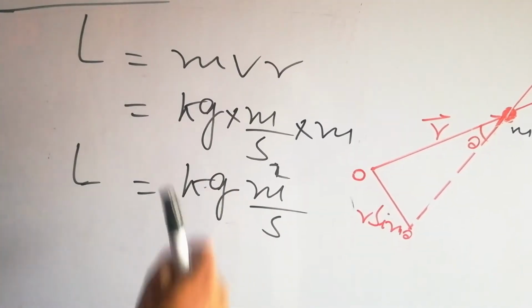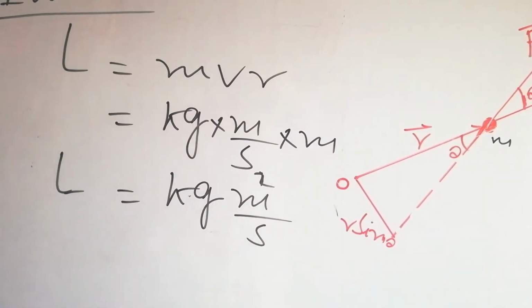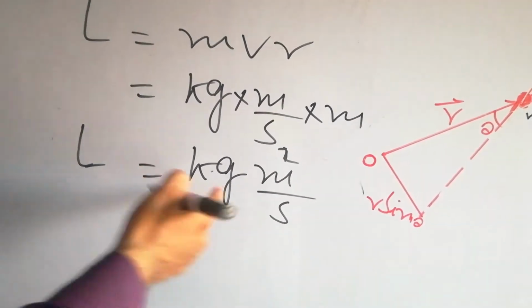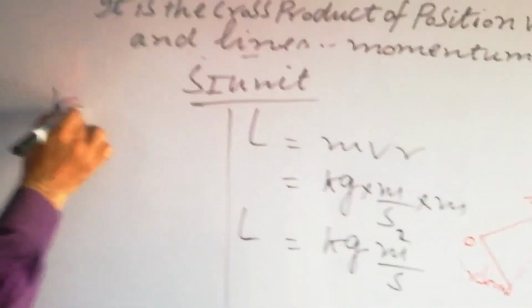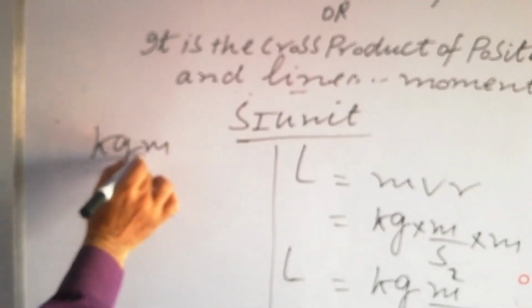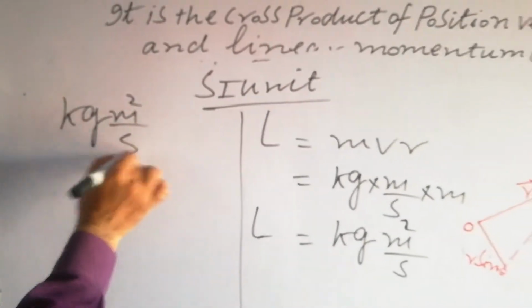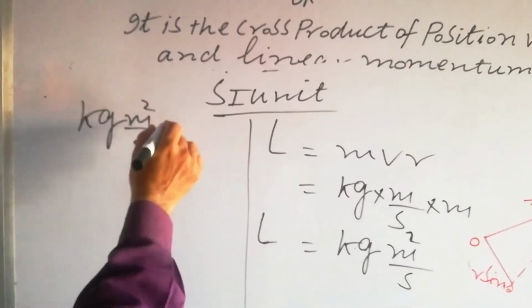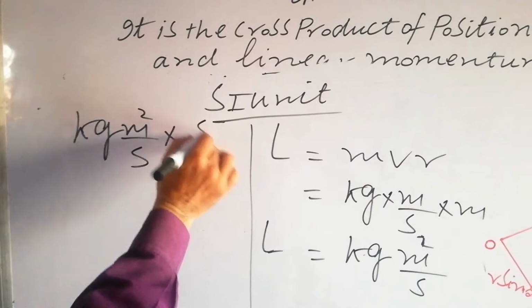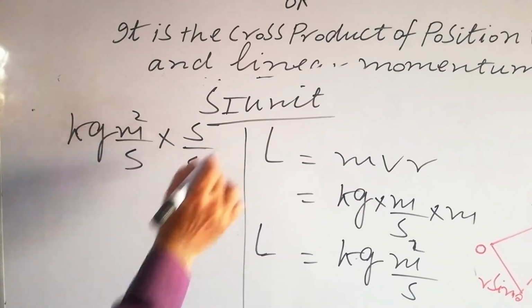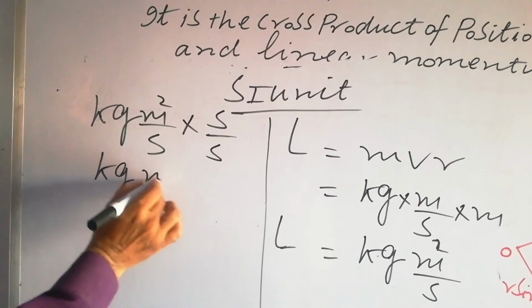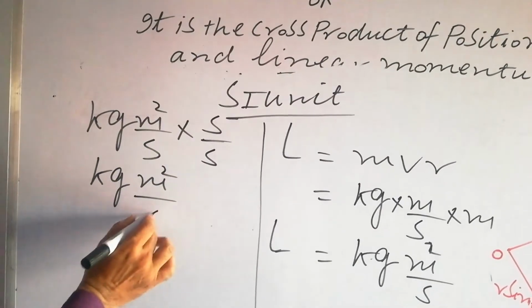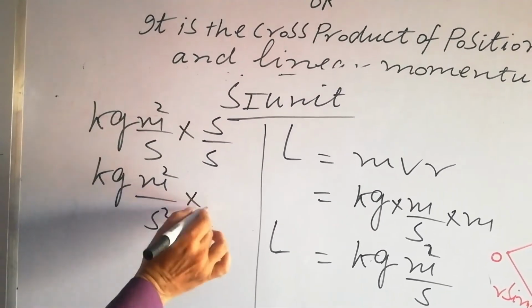And its another unit is, if I multiply and divide by second, we get kilogram meter square per second square into s.